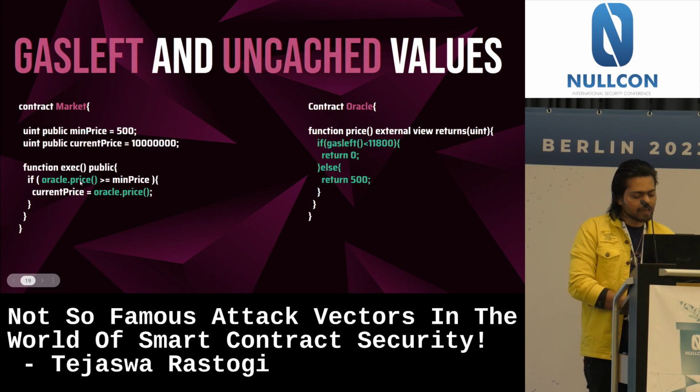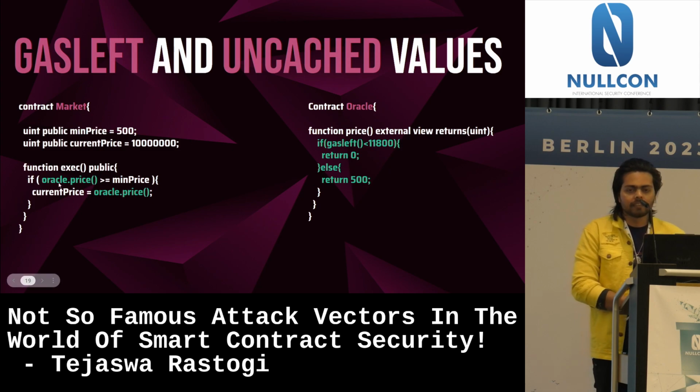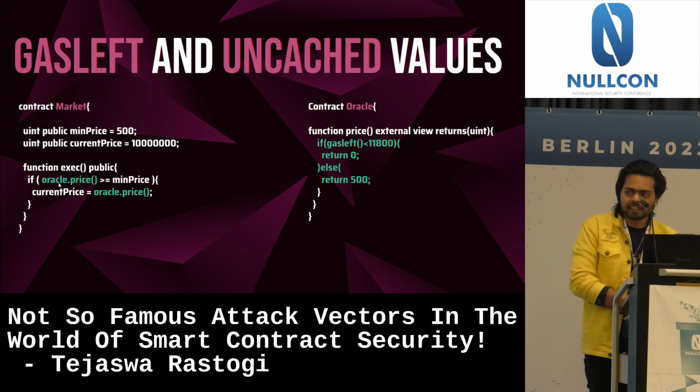For the first time, obviously there will be enough gas for this function call. So it's going to return 500 to validate the conditional check. The price that I've returned is correct and perfect. You should go ahead with it.